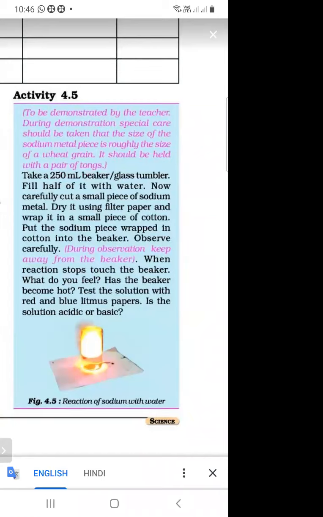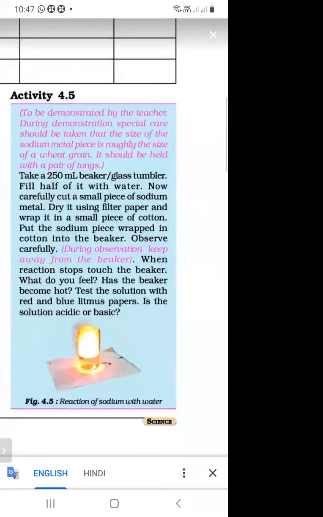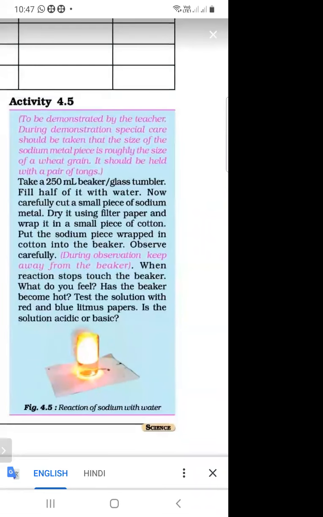For example, sodium metal reacts with water very vigorously, and iron metal reacts very slowly. And what about non-metals? All non-metals do not react with water. You have to remember these things.